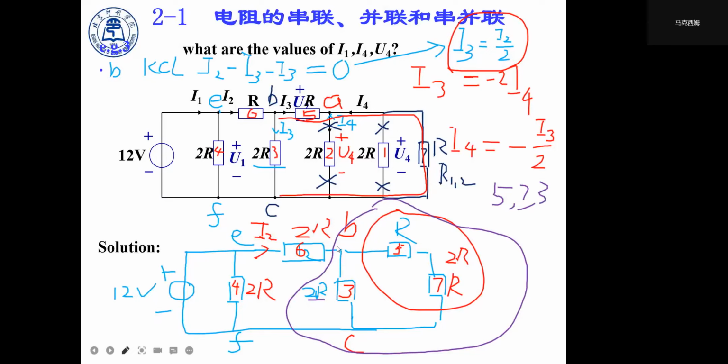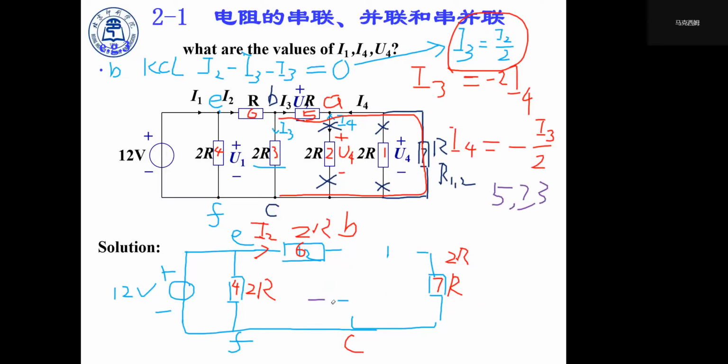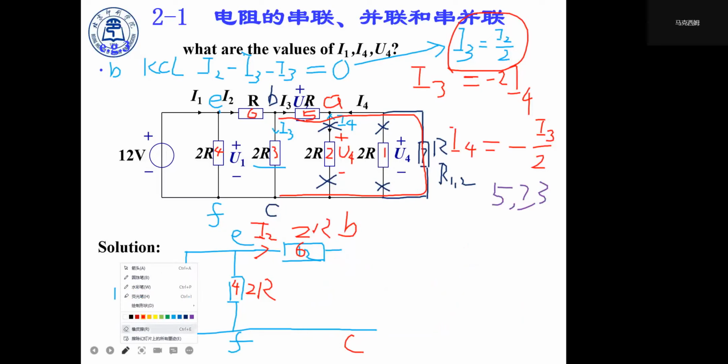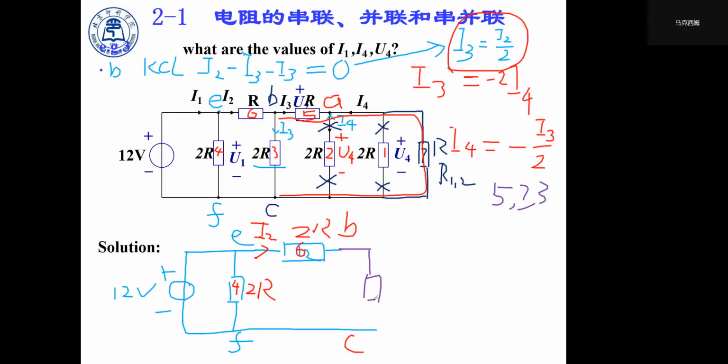So those 3 can be replaced with one single resistor. We replace it with a resistor 8, and its value could be calculated as R, similar to the first 3 stars.